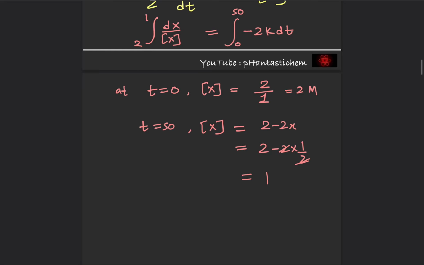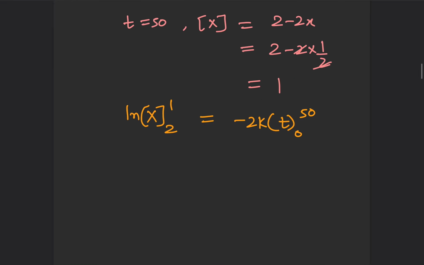Doing this integration, we know that the integration of 1 by x is ln x. So LHS becomes ln x with limits from 2 to 1, and RHS is minus 2k, constant out. Integration of dt is t, so it will be minus 2k into t, with limits from 0 to 50.